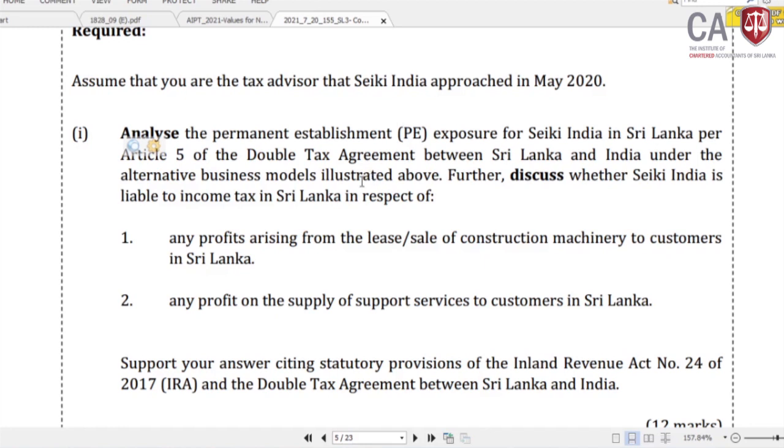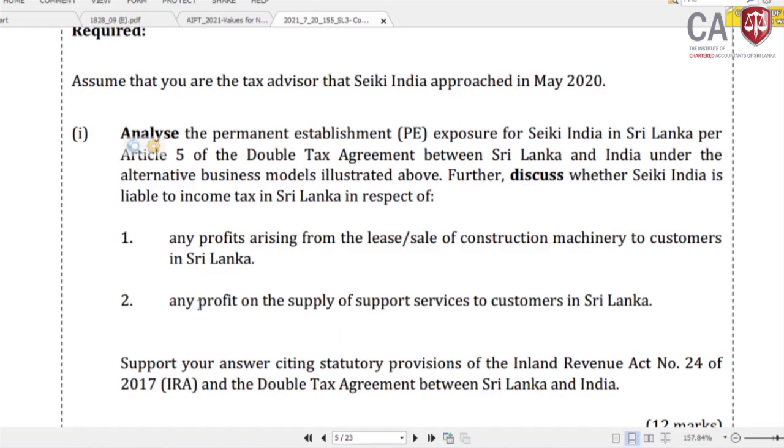In the paper, Article 5 has been given for your reference. Clear? Further, discuss whether Seiki India is liable to income tax in Sri Lanka. In this question, you have to mention whether there is a PE or not under this model, and based on that, you have to tell whether Seiki India is liable to pay income tax in Sri Lanka or not.